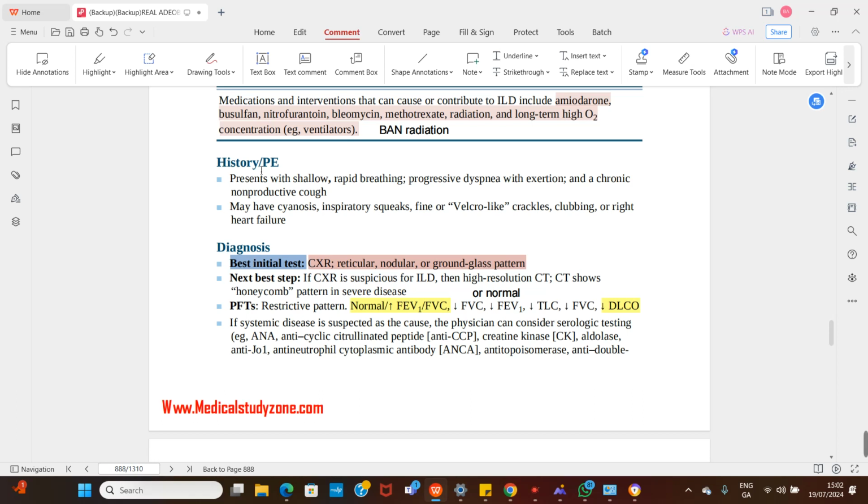It should be reduced. So how do you think you can compensate for that reduced tidal volume? Increase respiratory rate, so that you can still maintain normal ventilation. That is why their breathing is shallow, meaning it's not deep, but it is rapid.